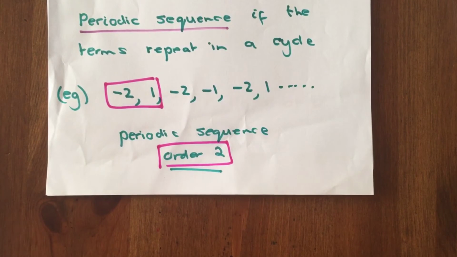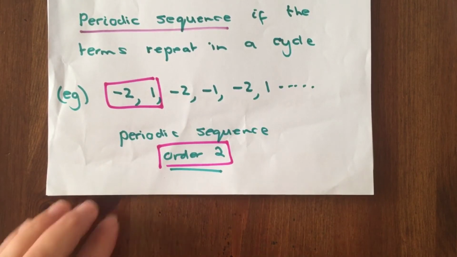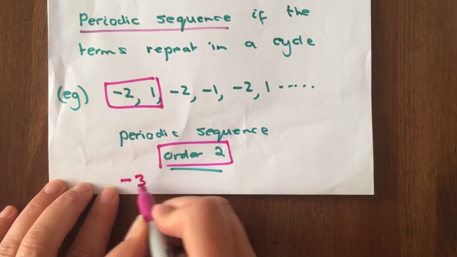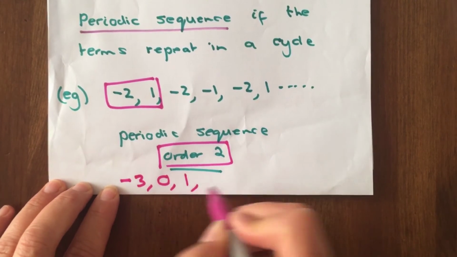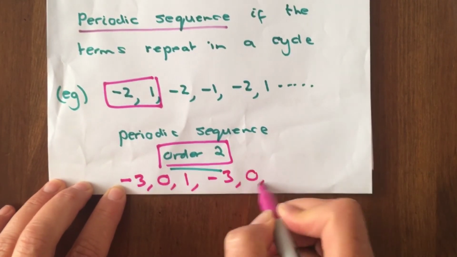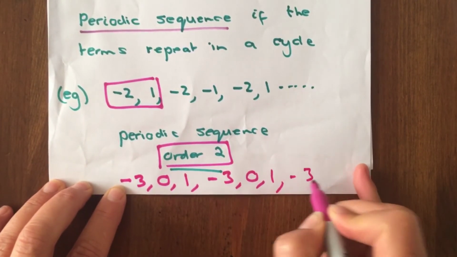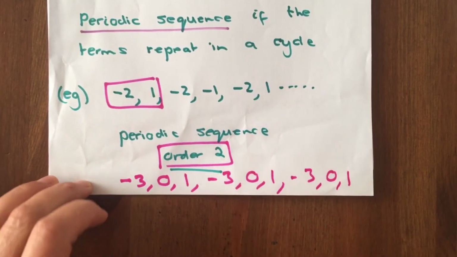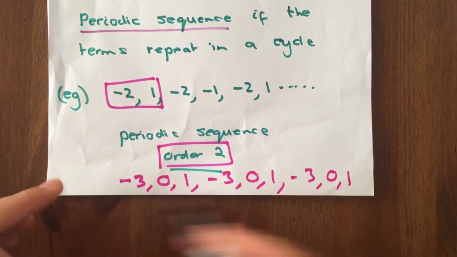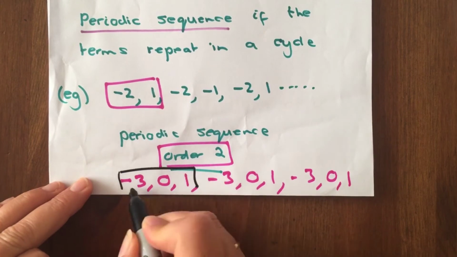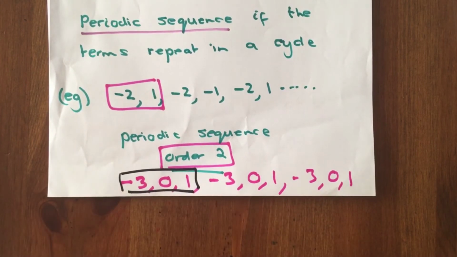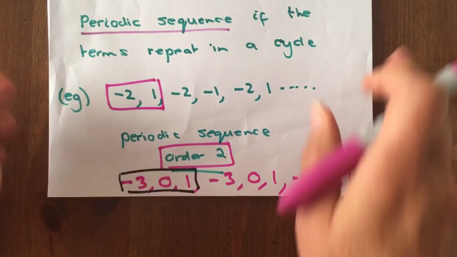If it was repeating every 3 terms, for example, minus 3, 0, 1, minus 3, 0, 1, minus 3, 0, 1, etc., the order of this sequence would be 3. Right. So some definitions for you to write down.